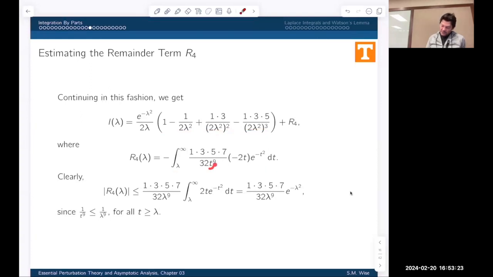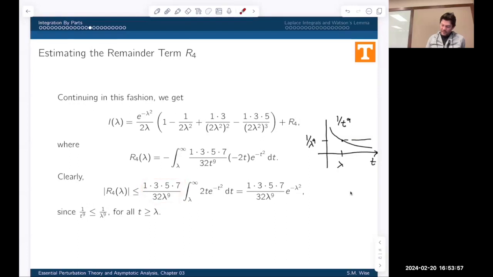Remember, we're going to use our usual trick. 1 over t to the 9th is a decreasing function. It decreases really fast. And here at lambda, if I approximate this guy by a constant, that value is going to be 1 over lambda to the 9th power. So that guy comes out with all the other constants. And so that's where that comes from.